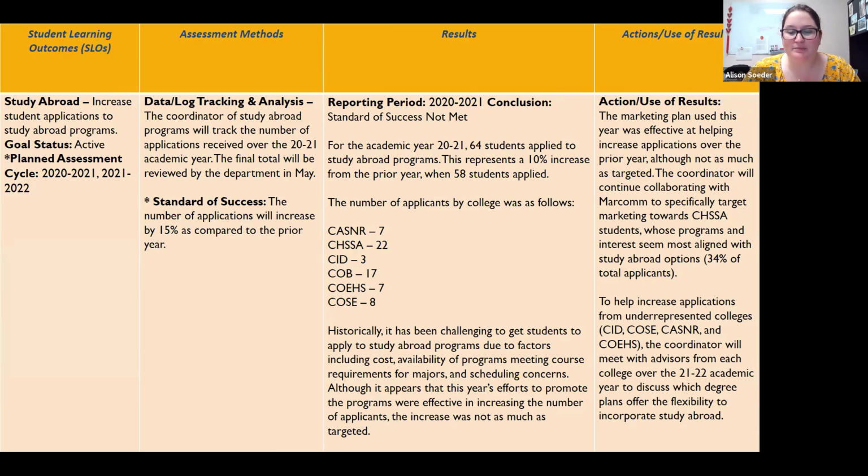And so we have that identified in our results, maybe not that whole number, the 34%, but that information is pulled from the results. And then they go on to say to help increase applications from those underrepresented colleges. So we know that is underrepresented because of the information they provide in the results in that list. The coordinator is going to meet with advisors.